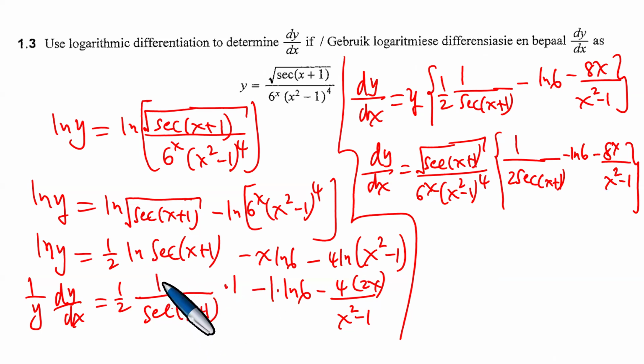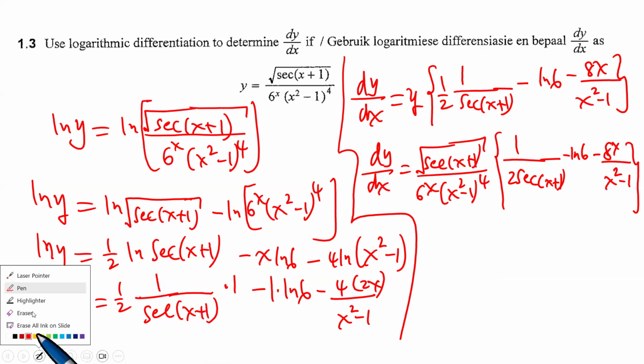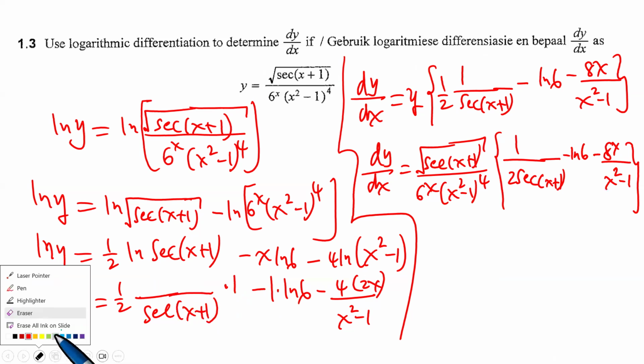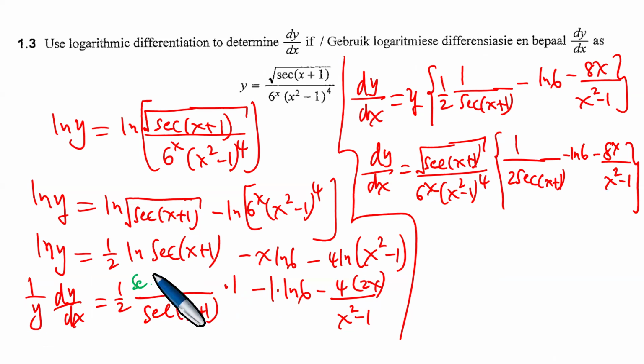Because here it becomes 1 over the secant, but the derivative of the secant becomes sec tan times 1. So this here is going to become exactly sec x plus 1, tan x plus 1. Because it's 1 over, then the derivative of the inside is sec x plus 1, so this cancels out. And in the end this is just 1/2.